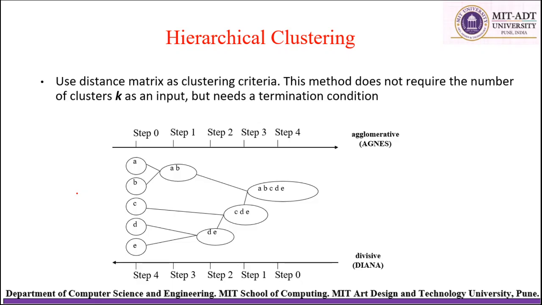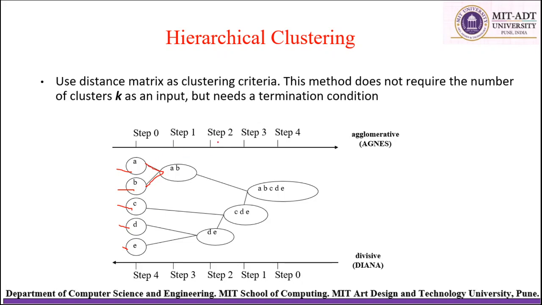Let's see in the figure. In this we have A, B, C, D, E as the data points, data objects. At step 0, each individual data point is considered a separate cluster. In step 1, I have merged A and B together.